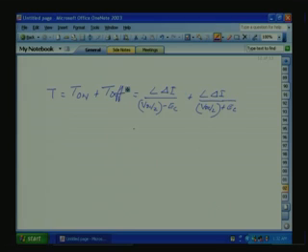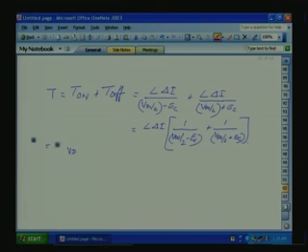This can also be written as L into delta I into 1 by VDC by 2 minus EC, plus 1 by VDC by 2 plus EC. So, this is A plus B into A minus B, and we can reduce it to VDC by 2 whole square minus EC square.